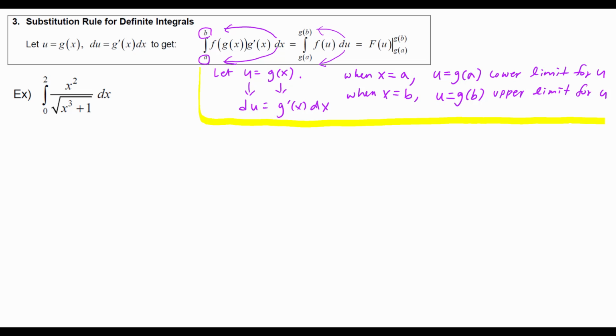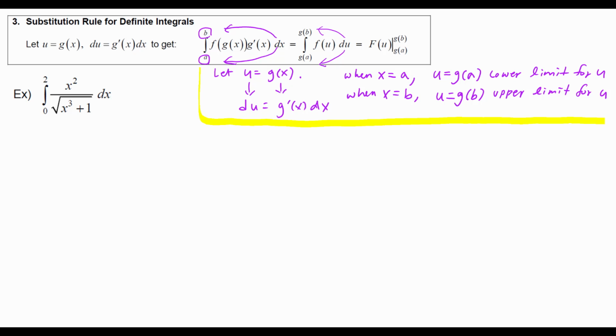All right, let's go ahead and do one example. What is the integral from 0 to 2 of x squared over the square root of x cubed plus 1 dx? I would like to rewrite this as a product using the power.